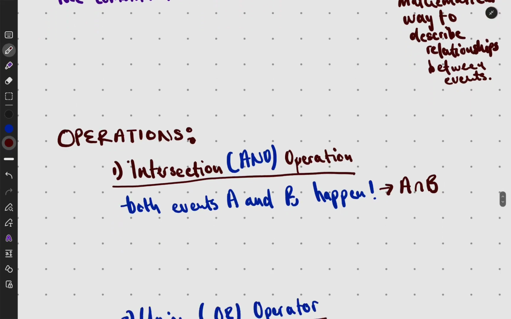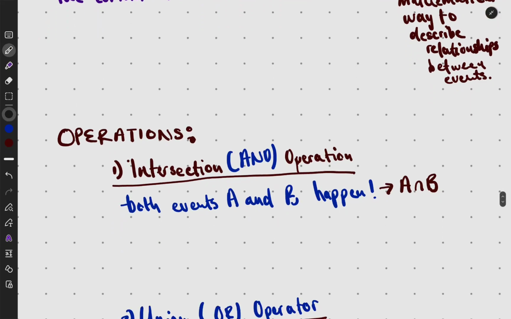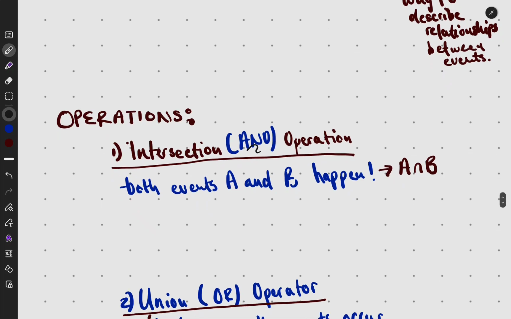The first operation that we're going to be using for our combinations is intersection. Intersection is called the AND operation. So we can say the intersection or the AND operation, and this is used when both events A and B happen. When we say A intersection B, it's like we are saying A and B, which means that both A and B have happened.